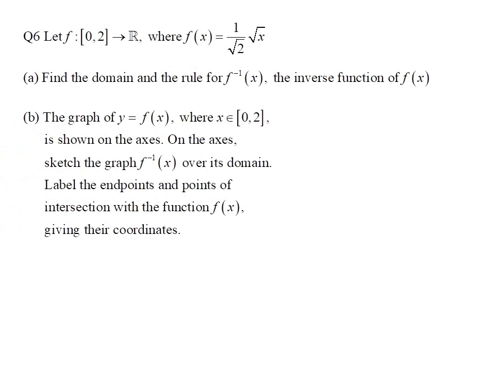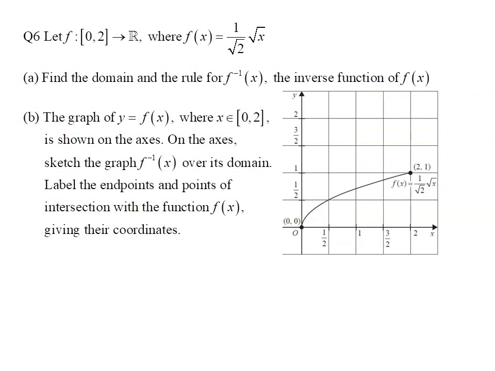Part B is to sketch its inverse function over its domain. Label the coordinates of end points and points of intersection with the original function f of x on the given axis.